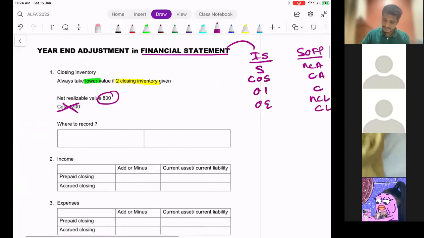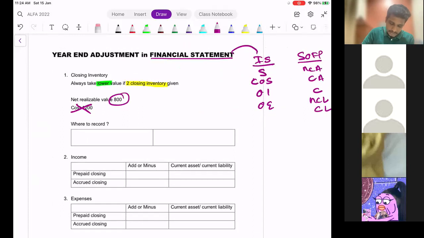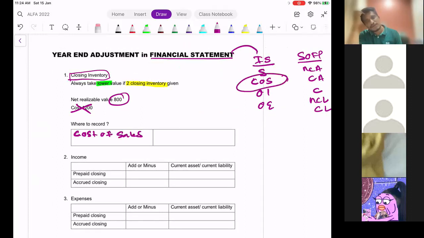Now, this closing inventory will be recorded in two places. One, in the cost of sales, where we minus the closing inventory. And then we also record it in the inventory account, so the closing inventory becomes your current asset.